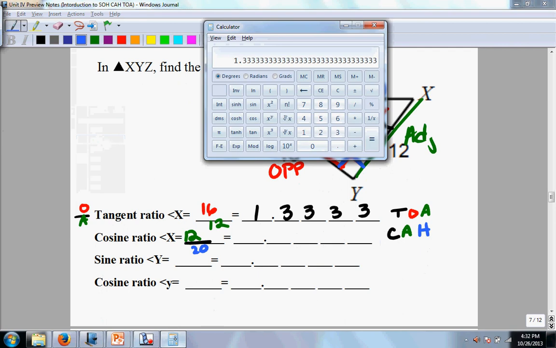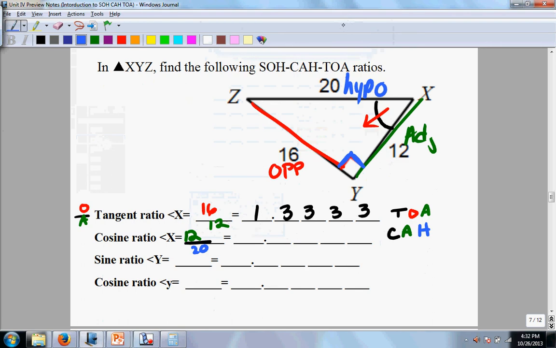So you want to get your calculators out. We're going to do 12 divided by 20, and we get 0.6. Take it to the fourth decimal place. That would be the cosine ratio of angle x.